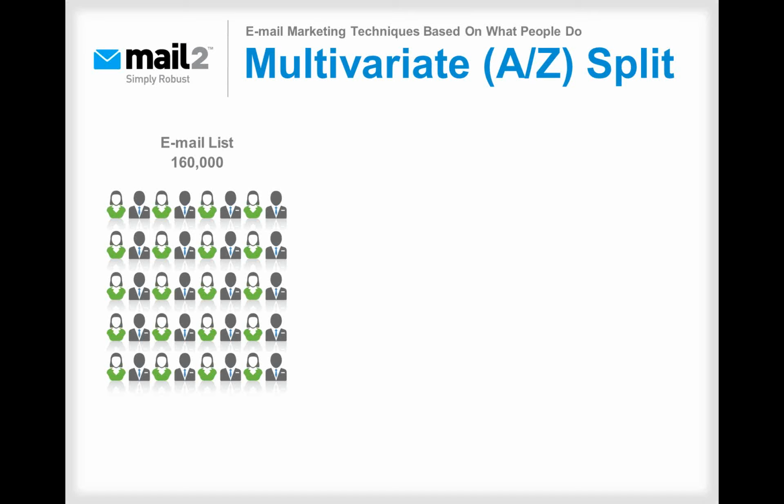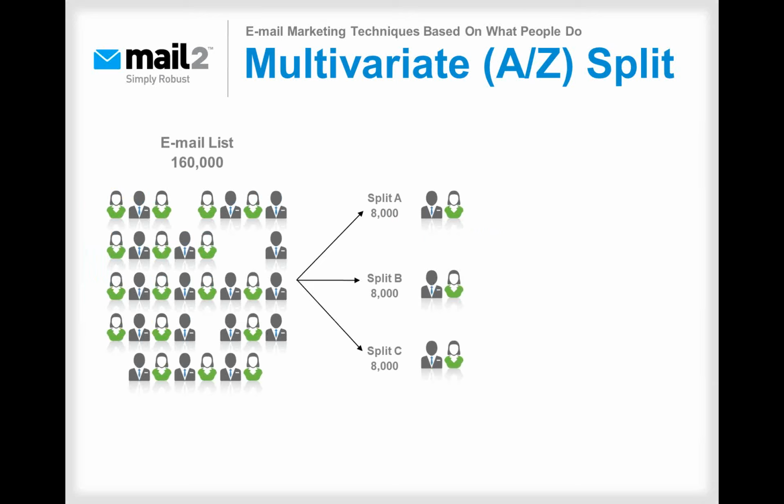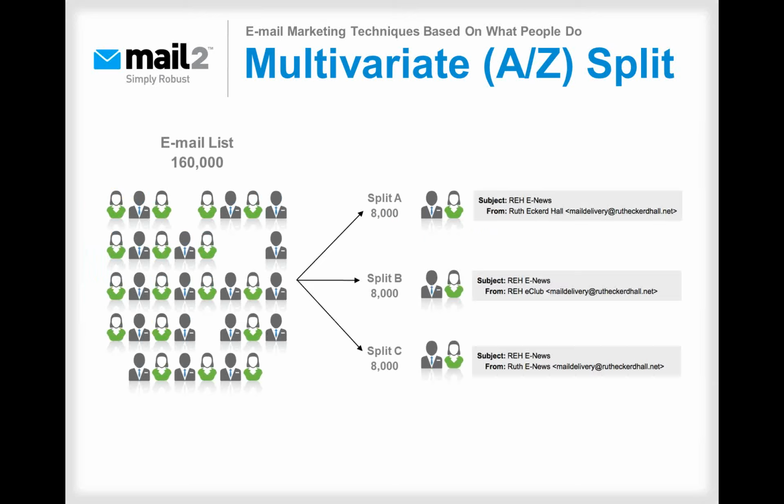Their email list had about 160,000 contacts on it, and we did splits, usually ABCs. When we did a split test on the sender name, they tried Ruth Eckerd Hall, REHE Club, and Ruth E News.